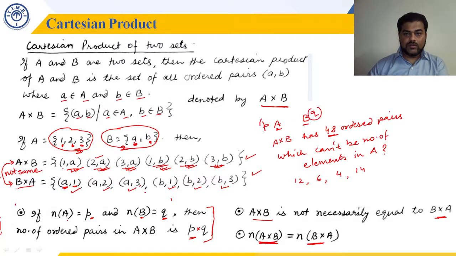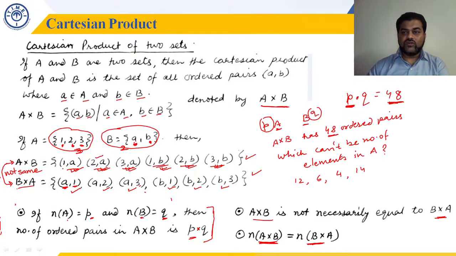The number of ordered pairs in A cross B is p into q, which is equal to 48. So the number of elements in set A, which is p, has to be one of the possible factors of 48.